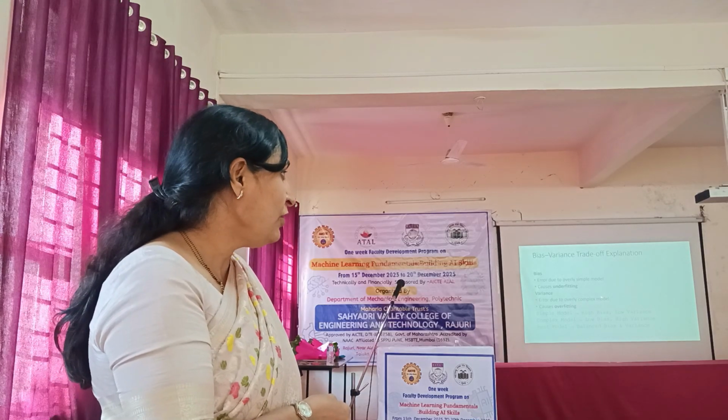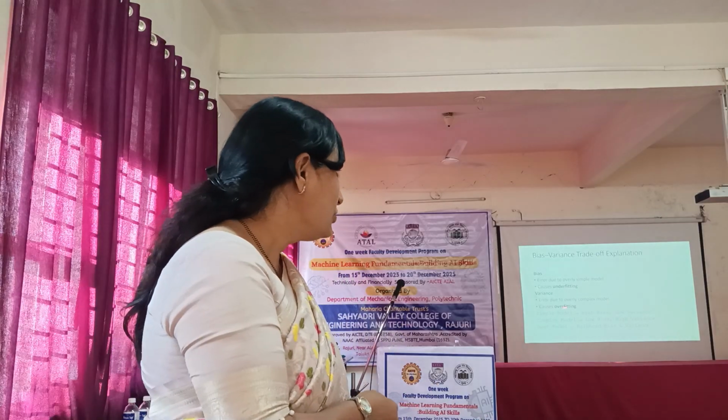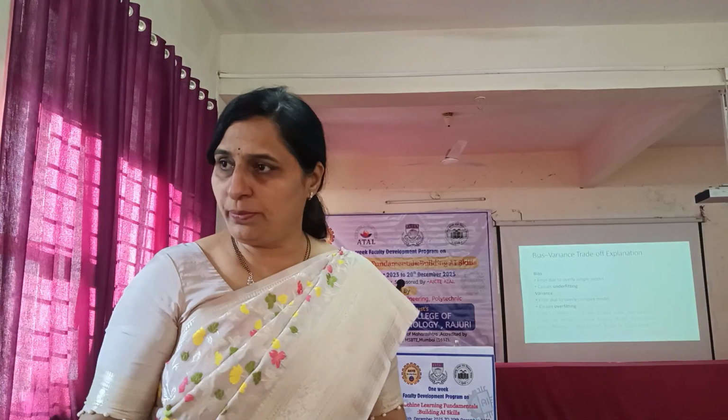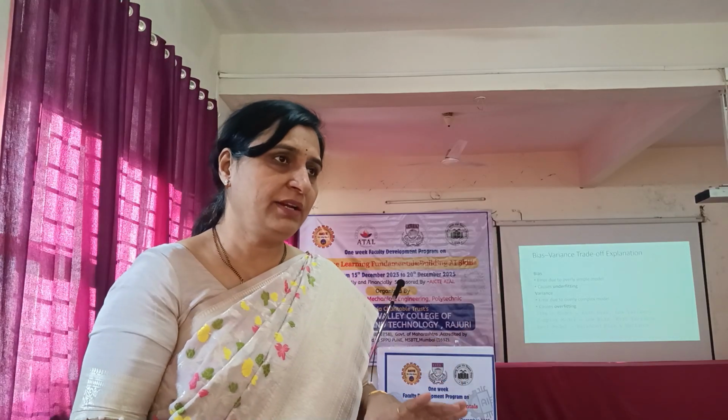Error due to an overly complex model means I have watched only the trailer and am making the prediction just based on that. So it causes overfitting. But if I watch the full movie, then I can say it's a good movie. Right?